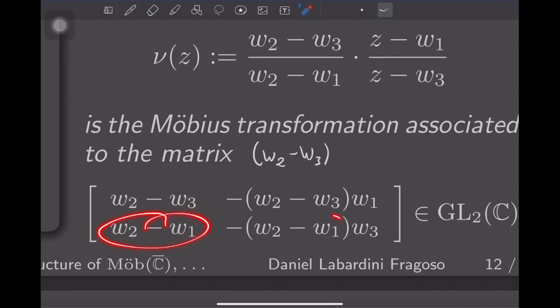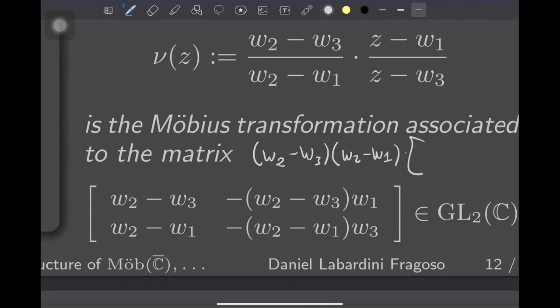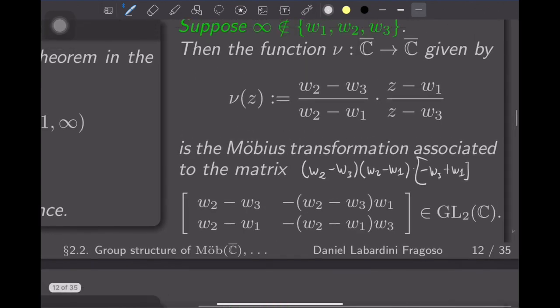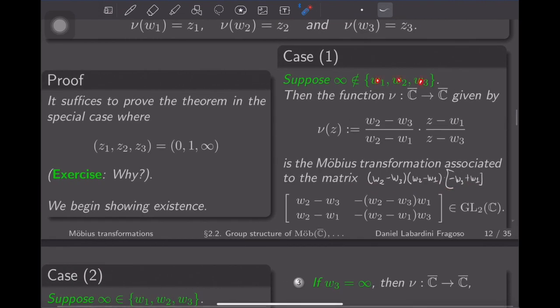This one goes out because it's a common factor, so it's W2 minus W1, and then times, here I have a 1, here I have a 1, so times minus W3 plus W1, and so it's precisely the differences between the 3 points, and all those differences are non-zero because these three are different.